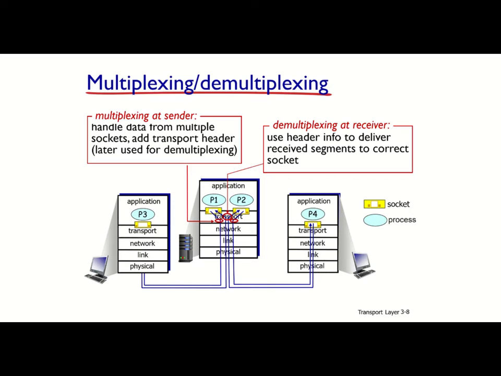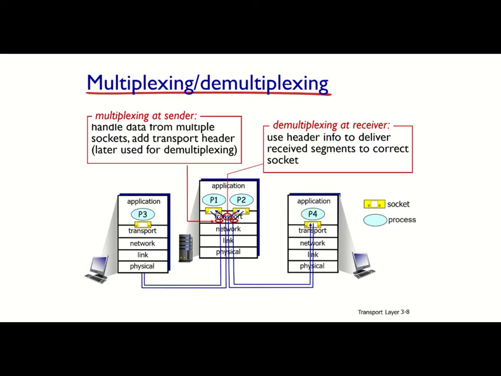So what happens on this side of the network is when they want to send their messages out, P1 has to send its messages to this socket, and P2 has to send its messages through this socket. So they have separate sockets, and they have to send their messages out using separate sockets, right?